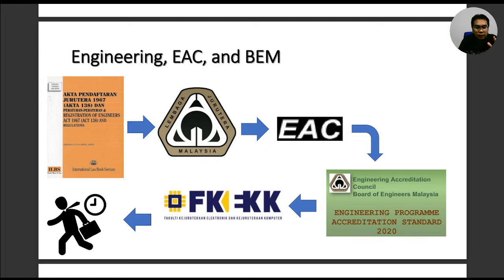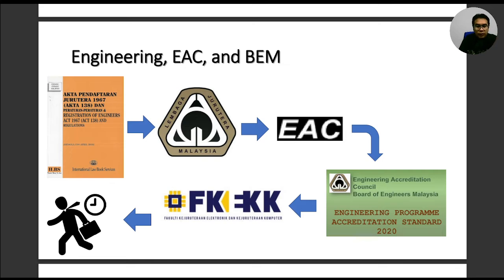Under the board itself, they have the EAC, the Engineering Accreditation Council. The board appointed EAC to investigate and inspect the IHL, institutions of higher learning, all over the peninsula and Borneo, especially in Malaysia, to check that they satisfy all 7 criteria stated in the Engineering Program Accreditation Standard 2020, the recent one.